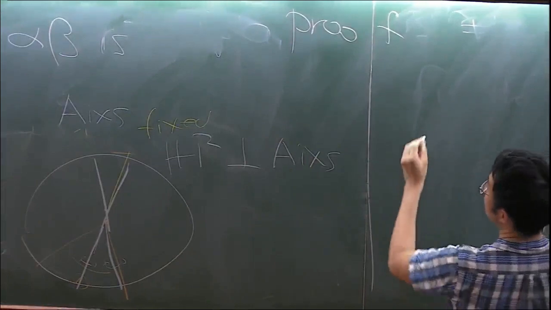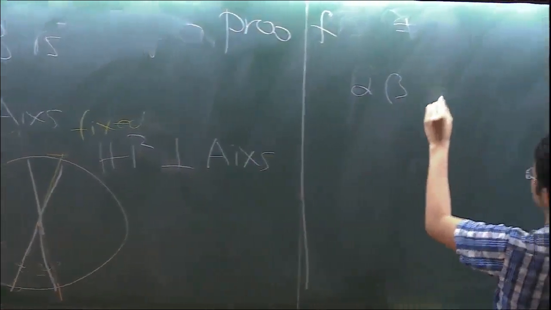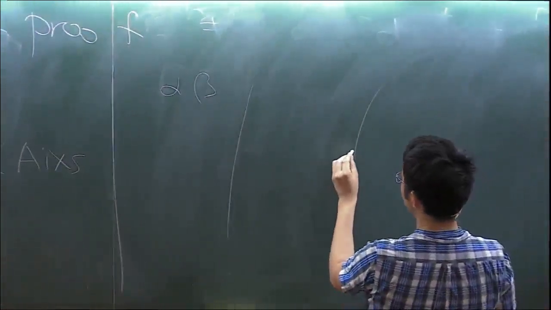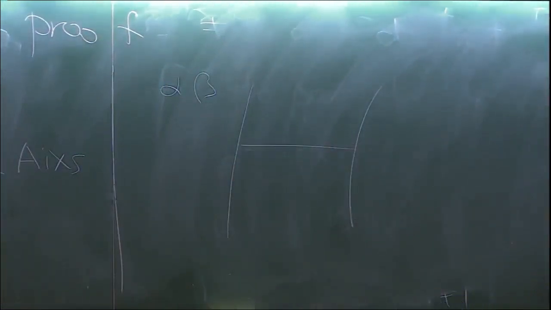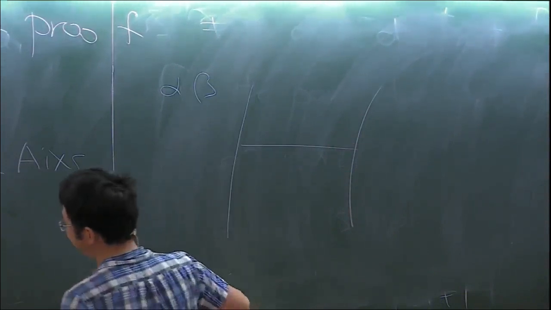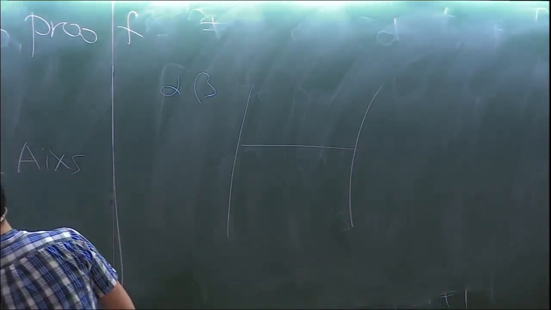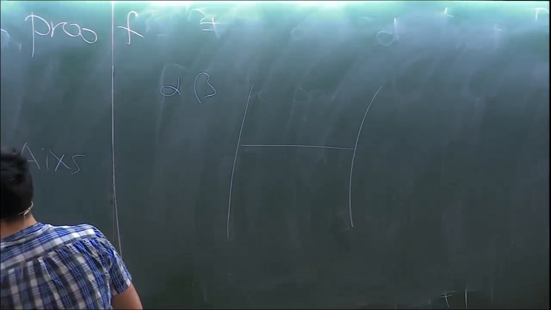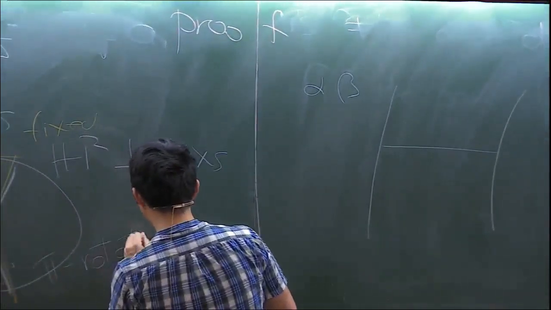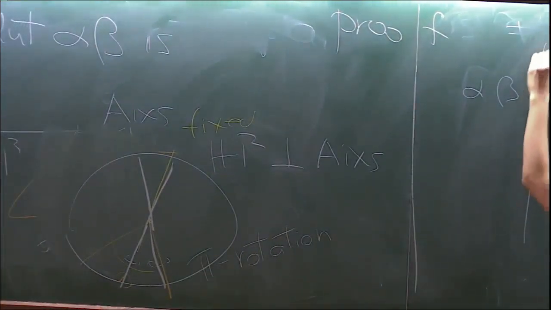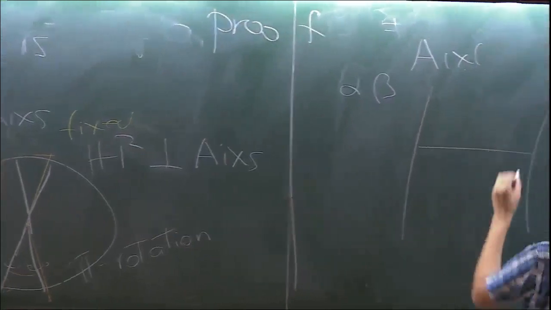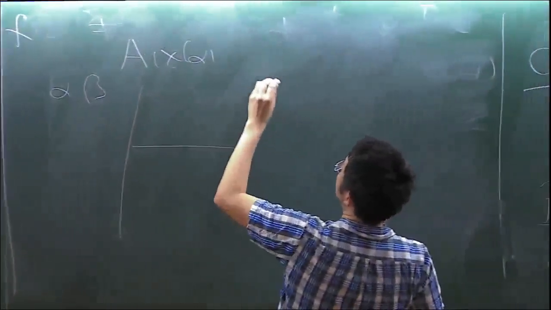So if you take two rotations, alpha and beta, maybe take pi rotation. Instead of reflection, this pi rotation is the same thing, I mean, for this decomposition. Pi rotation. Then we have an axis of alpha, and then we have an axis of beta.